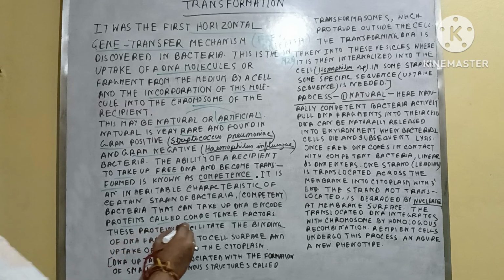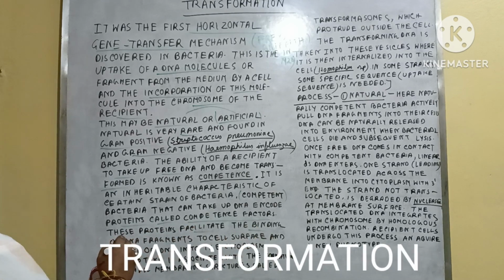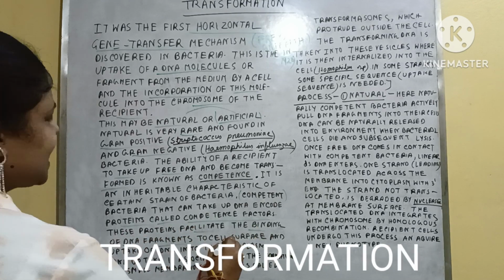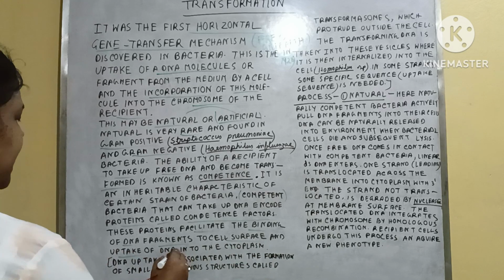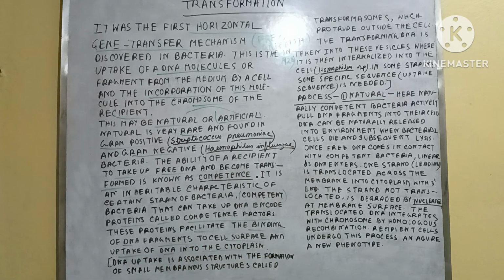These proteins generally facilitate the binding of DNA fragments to the cell surface and the uptake of DNA into the cytoplasm. By binding the free DNA to the cell surface, they allow it to be taken into the cytoplasm.